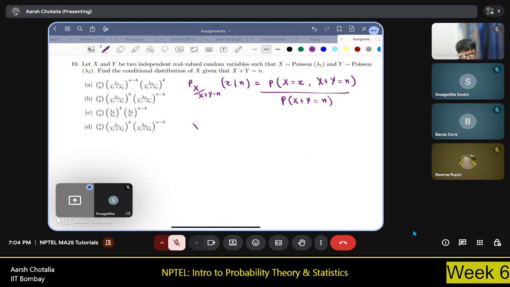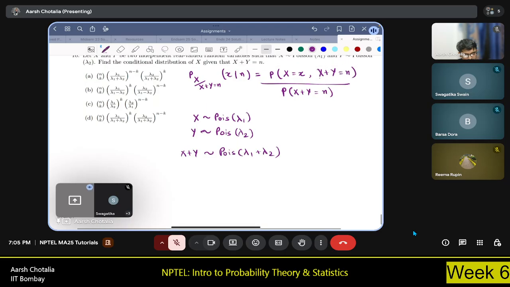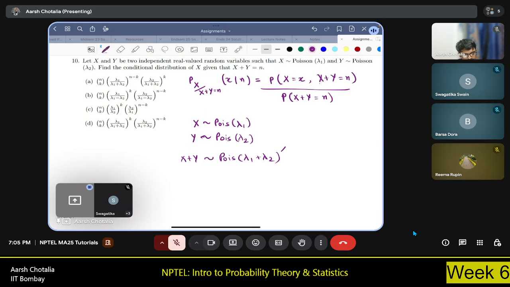And we know that if x is Poissonian of lambda 1 and y is Poissonian of lambda 2, then the sum of these two, x plus y, is also Poissonian with the parameter lambda 1 plus lambda 2. Okay, the reproducibility criterion. So this we can use here.